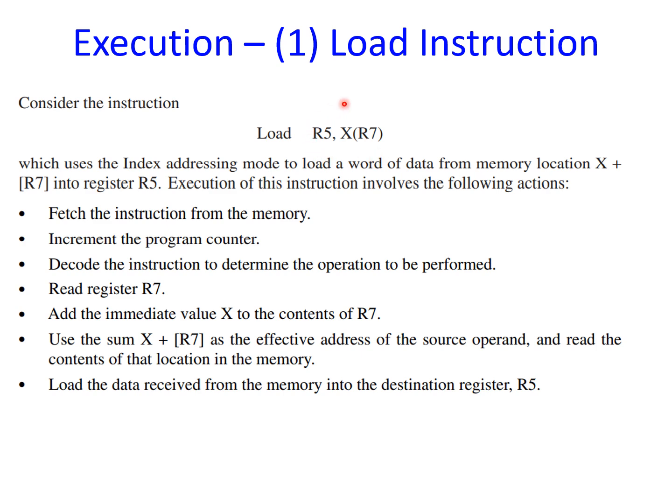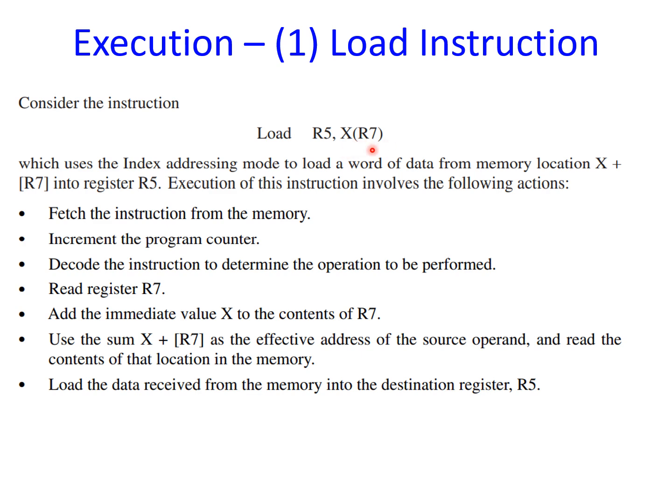Then the next step will be to read the source operands given in the instruction. Here you can see the value of x is an immediate value. Once the source operand register is read, in this case R7 is the source register, you can read the x value, which is in the instruction itself.